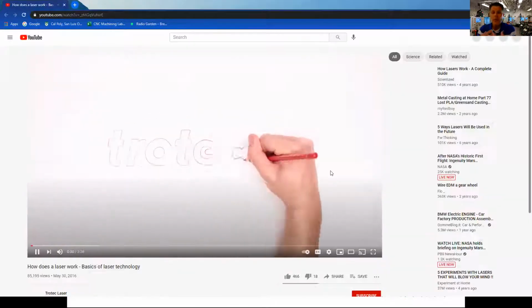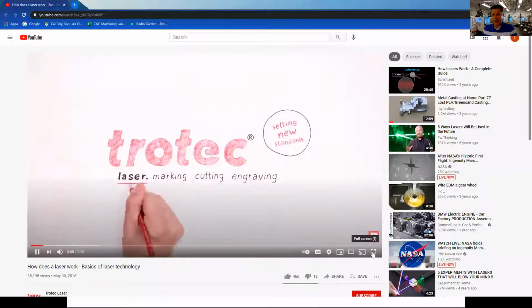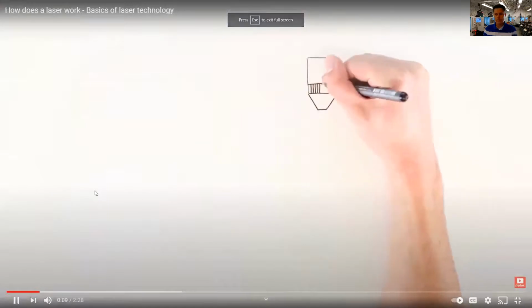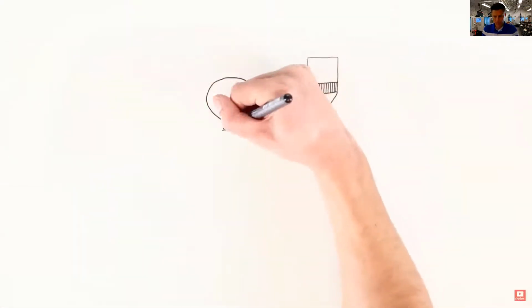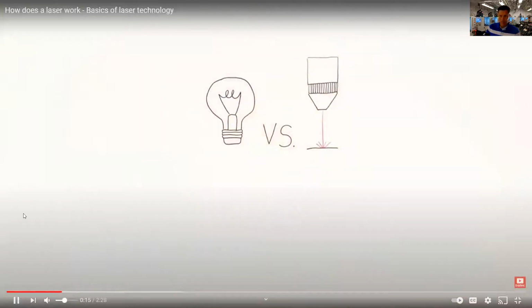A laser is basically light amplification by stimulation of photons. I'd just like you to understand how the laser actually works before we go on. So here it is. A laser beam is basically radiation, similar to the light that a light bulb emits. There are 3 big differences.